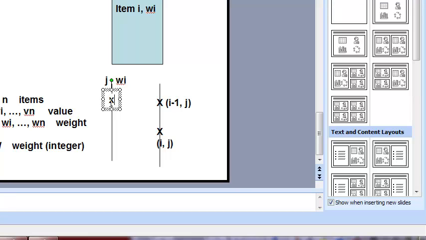So here we are going to consider the cell (i-1, j-Wi).